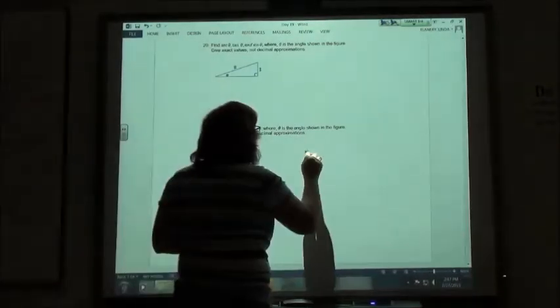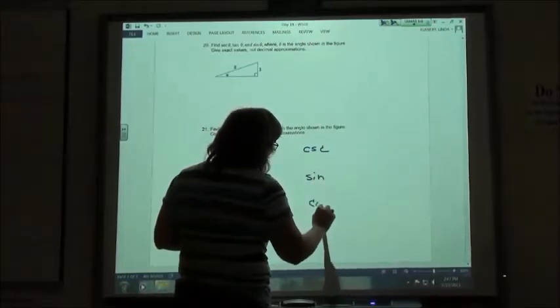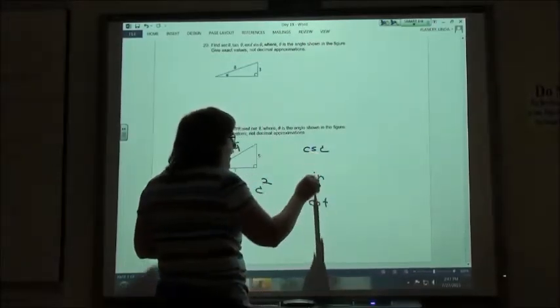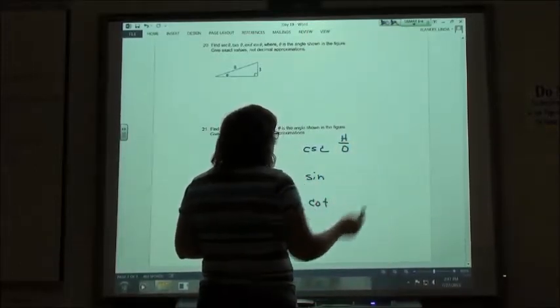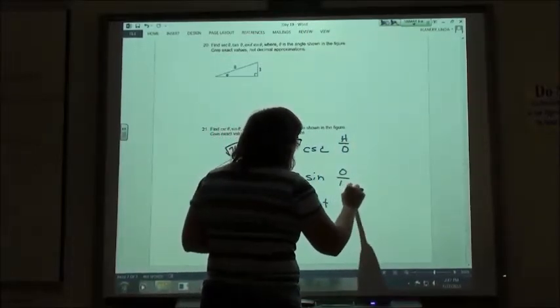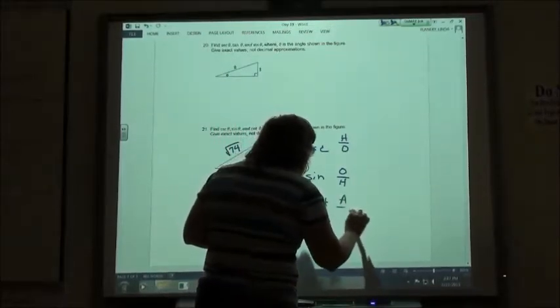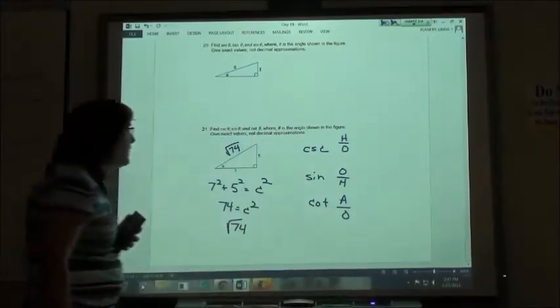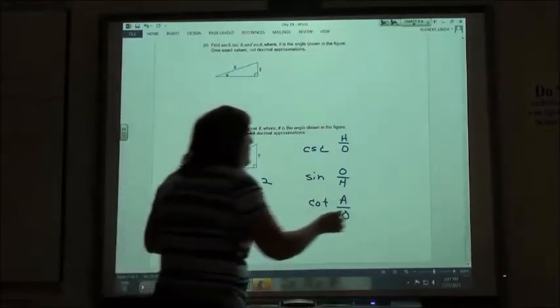We want to do cosecant, sine, and cotangent. Cosecant is the inverse of sine, so hypotenuse over opposite. Sine is opposite over hypotenuse. Cotangent is the inverse of tangent, so the adjacent over the opposite.